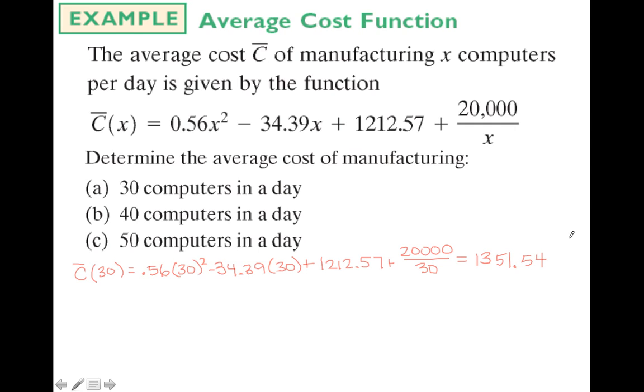So the average cost of manufacturing 30 computers in a day is $1,351.54. This is just using your calculator. For part B, plug in 40. For part C, plug in 50.